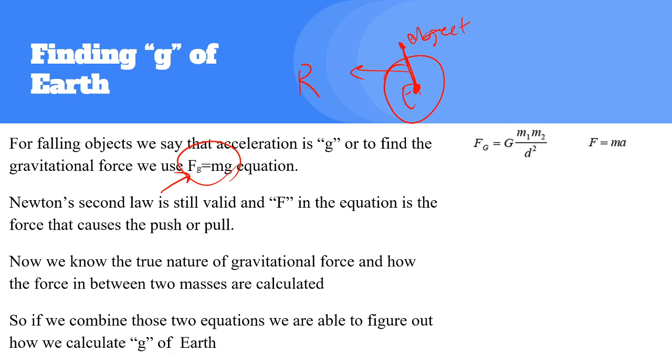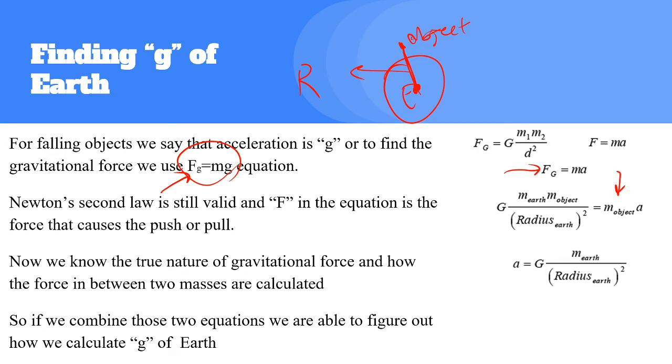So then when you consider F equals ma, and the true nature of gravitational force, the force that we're talking about over here is Fg. And once you put in the true nature of the force, you go with G, m Earth, m object, divided by the radius of the Earth squared. And the thing that is accelerating is the object, so mass object times a, and a is going to be this.